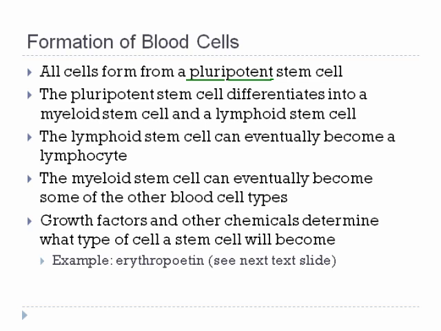This cell has the potential to become lots of different cell types. The first step is it differentiates into a lymphoid stem cell and a myeloid stem cell. And then it can go through other growth and differentiation steps. And we're going to see an example of that in just a minute looking at erythropoietin.